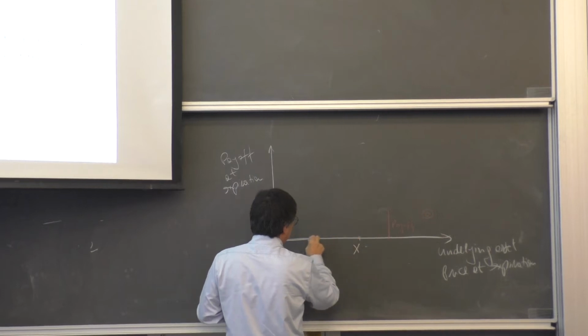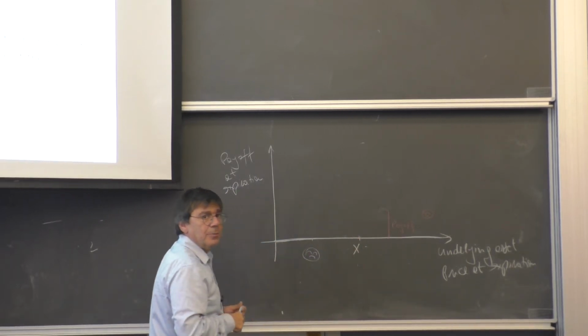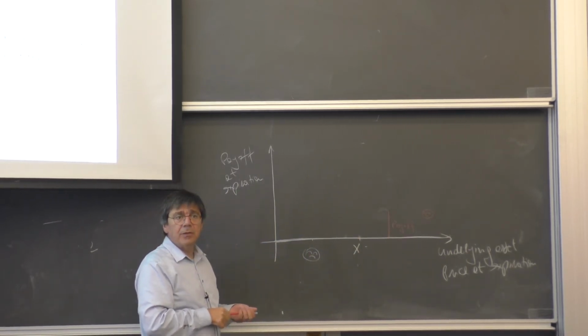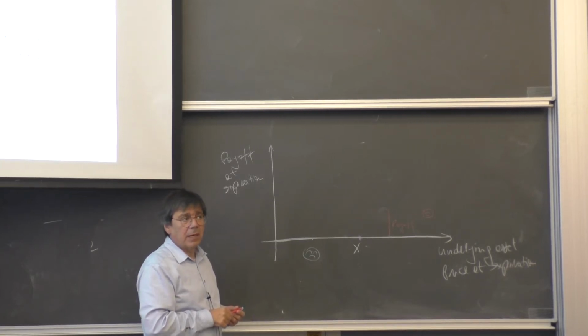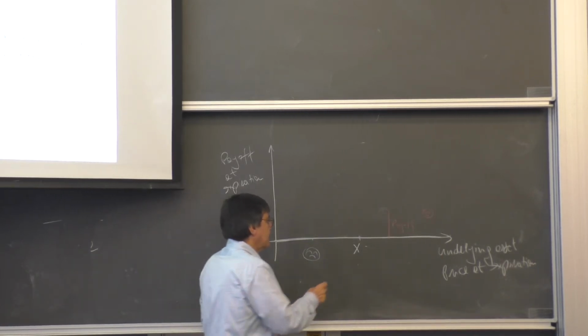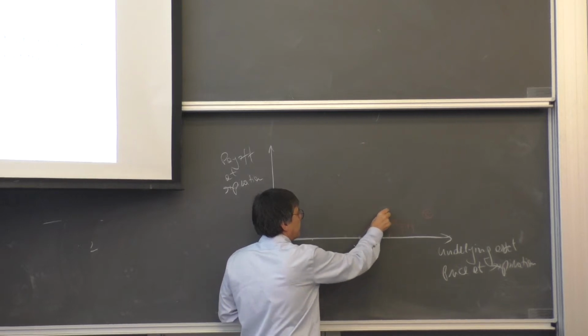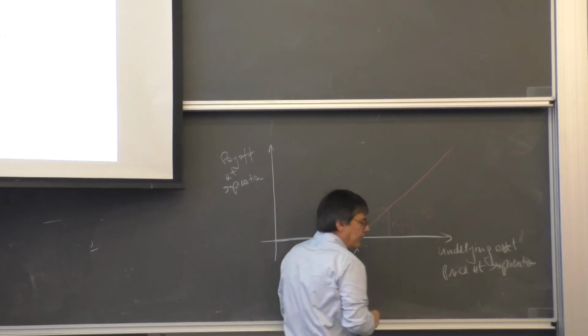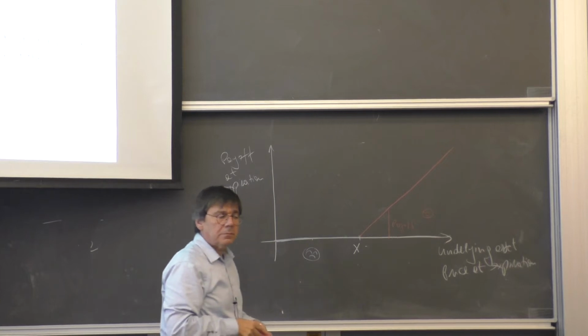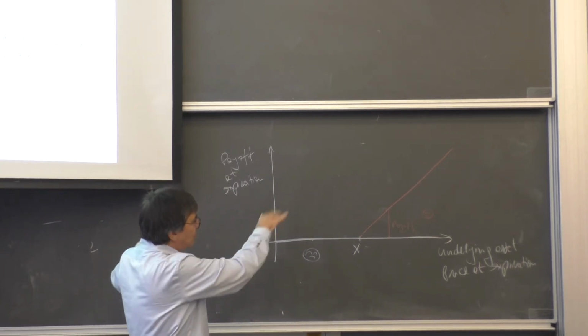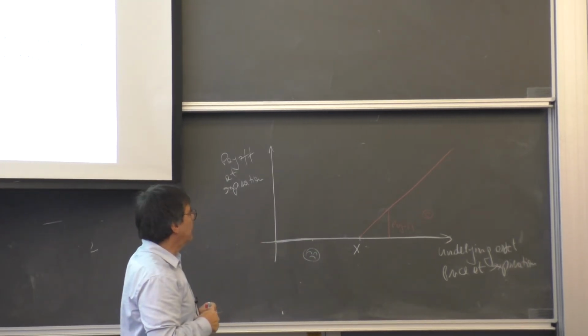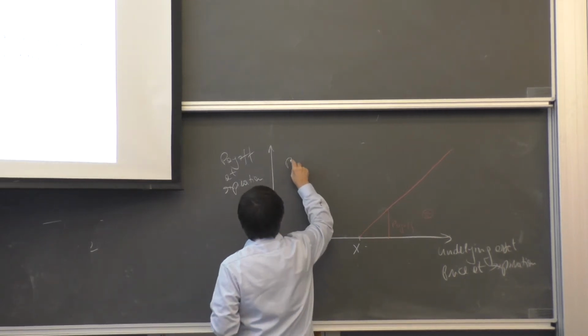So what is our payoff function? If the observed underlying asset price at expiration is below X, I get nothing. If it's above X, I get a positive payoff. And if I try to capture this whole payoff function, what is it equal to?